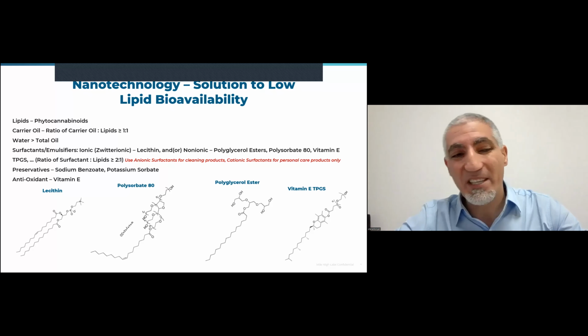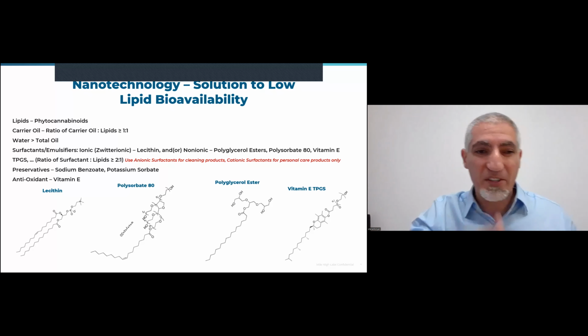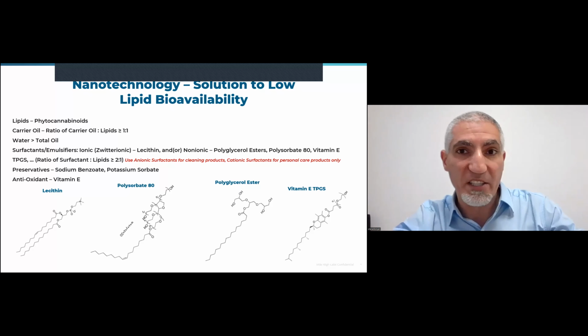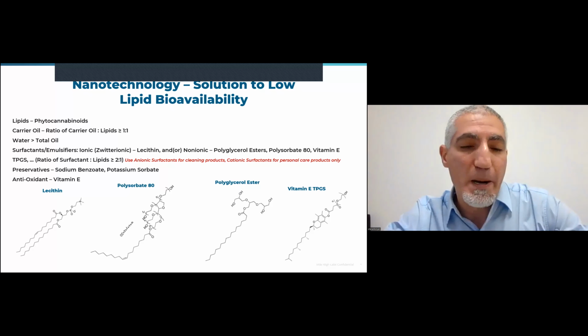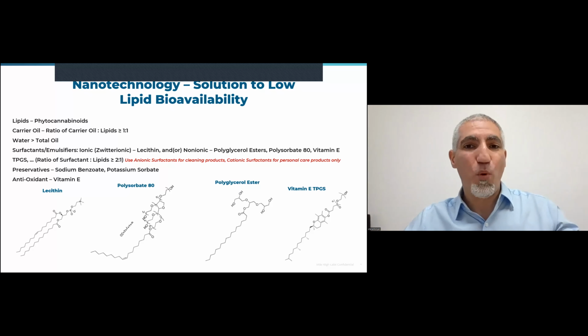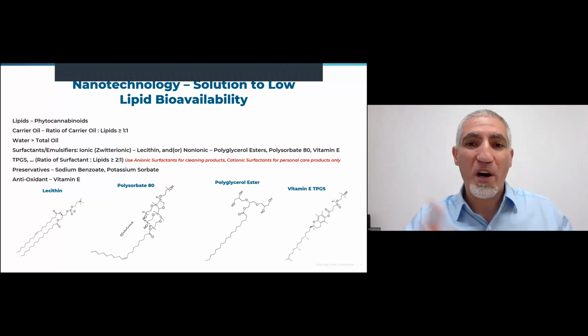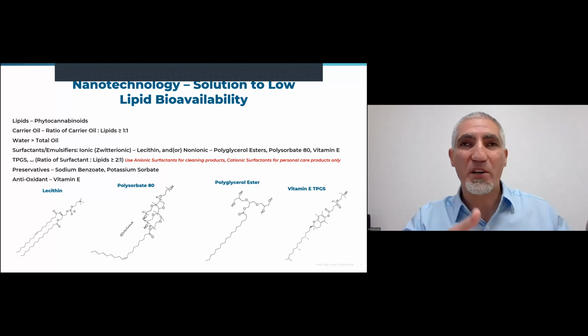Now, the key here is to have a larger amount of carrier oil than your lipid. The ideal ratio would be 2 to 1, in which case you get stable nanoemulsions. Then obviously you need water, because you have an oil in water emulsion. But the key here is that, weight-wise, there has to be more water in your system than oil. Then more importantly, also surfactants.